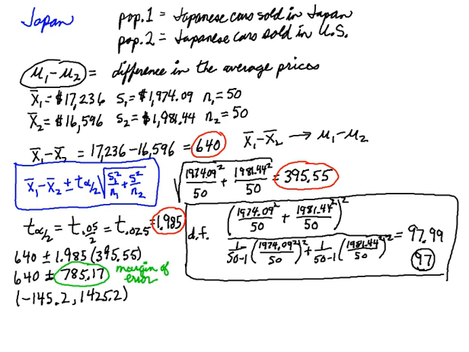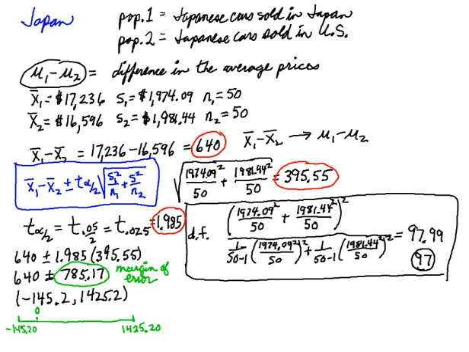Well, it could be as much as $785.17 off. In other words, mu1 minus mu2, the difference in population average prices, I'm 95% sure that that difference is somewhere between a negative $145.20 and $1,425.20. So I'm 95% confident that the real difference in average prices is somewhere between those two values.